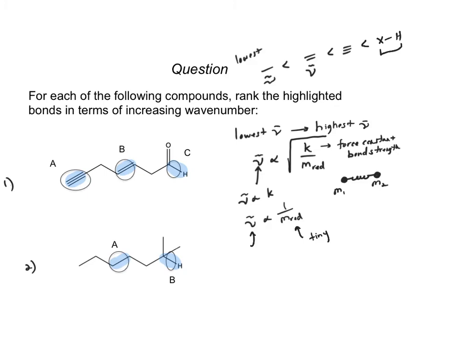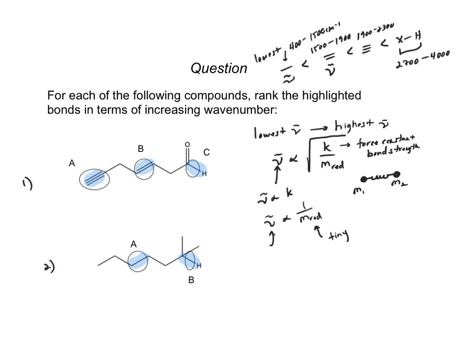So single bonds are about 400 to about 1500. We don't really care about those. Double bonds are about 1500 to about 1900 inverse centimeters. Triple bonds are about 1900 to 2300. And for anything attached to hydrogen, so carbon attached to hydrogen, oxygen, nitrogen, etc., these are all going to be above about 2700. So this is about 2700 to 4000, okay?